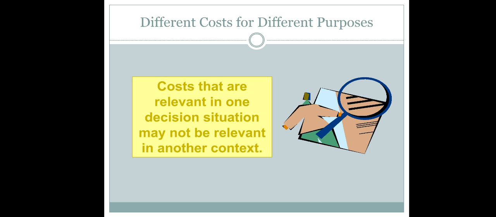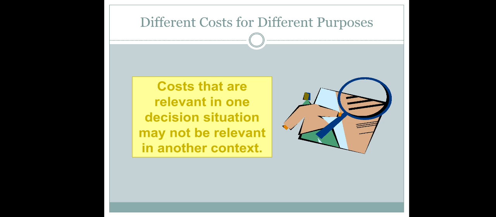But at another time, maybe you have to make another decision. The decision is whether to continue to rent the shop, purchase a new building, or renovate the shop that you already rented.